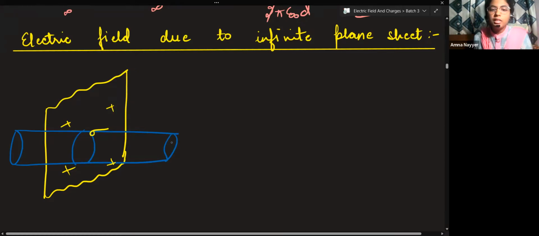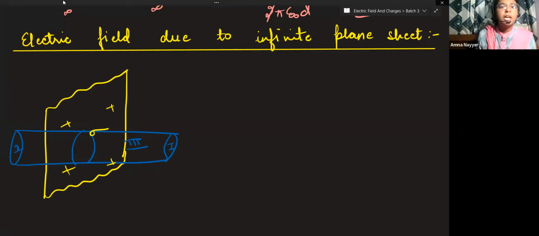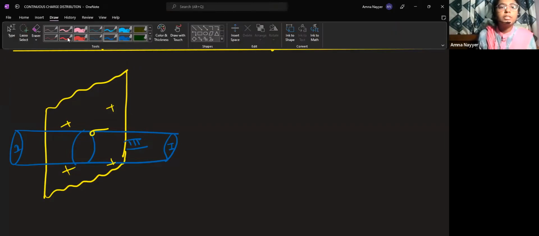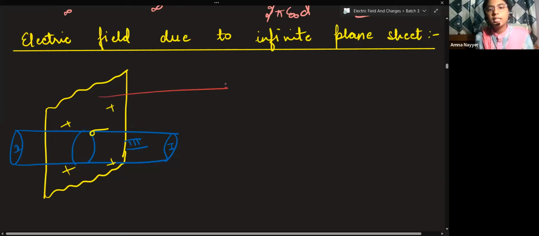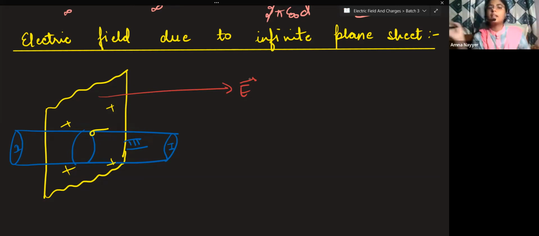So again you have 3 surfaces. This is the first surface, this is the second surface, and this is the third surface. The electric field because of this plane sheet, since it has positive charges, will be away from the sheet. Away from the sheet will lead in this right hand side direction. This is the direction of electric field.